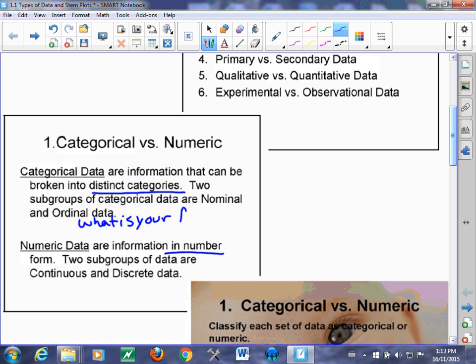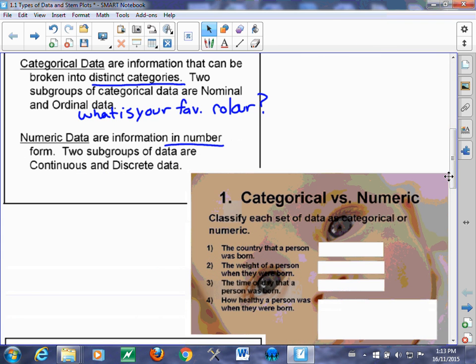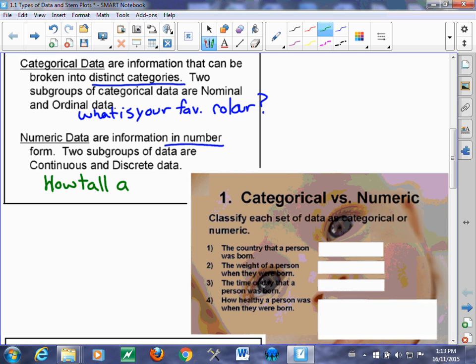Okay, so your answers are going to be in words. Whereas numerical data is, how tall are you? And that's going to give you a numeric answer. I didn't say if it had to be in feet or inches, but that's going to be your question.